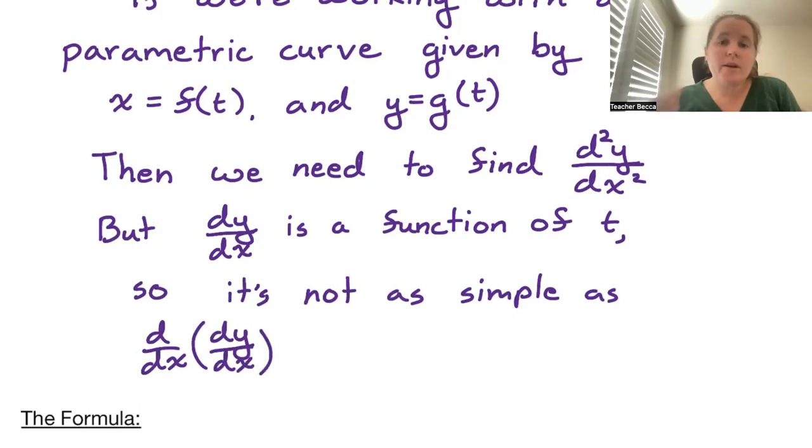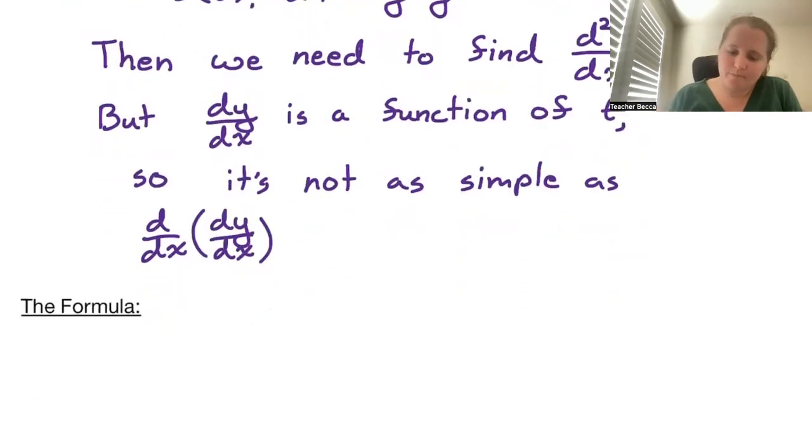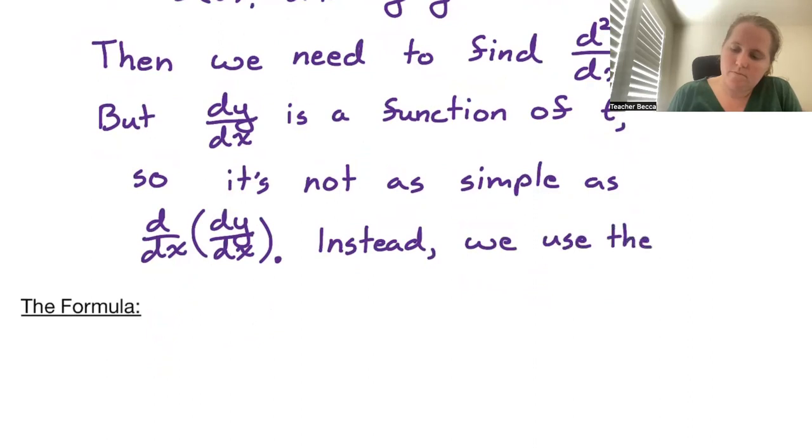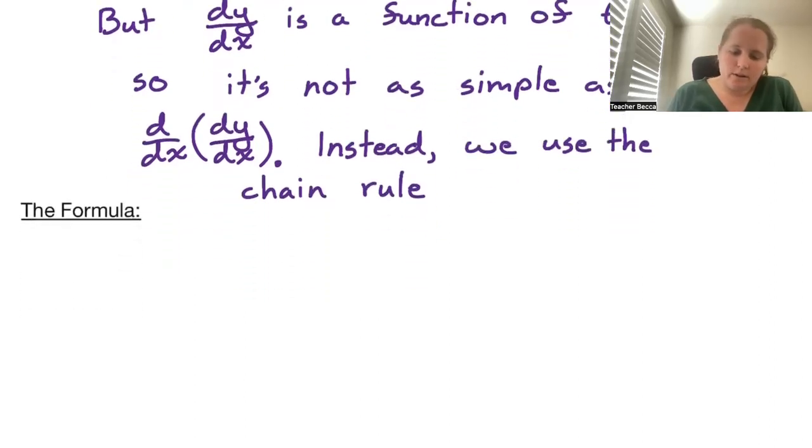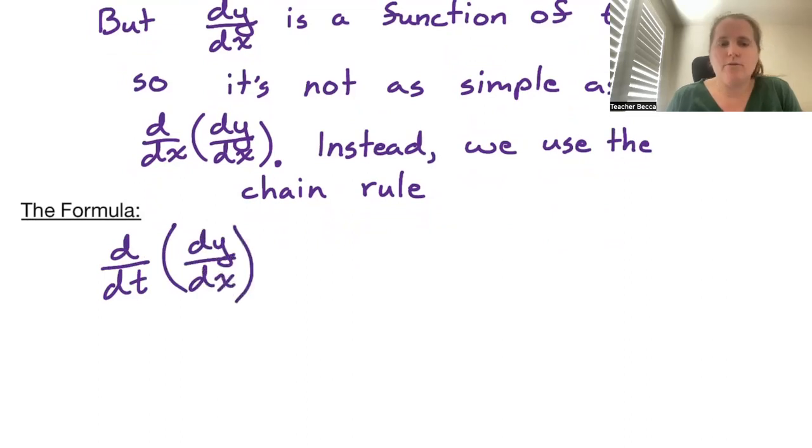Instead, we again use the chain rule. So what we can do is definitely take the derivative with respect to t of dy dx, since dy dx is a function of t.